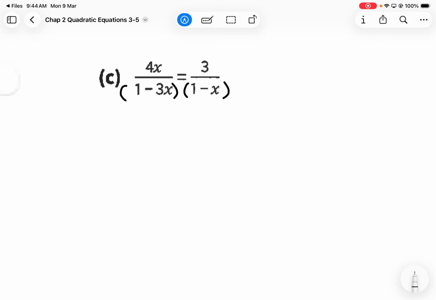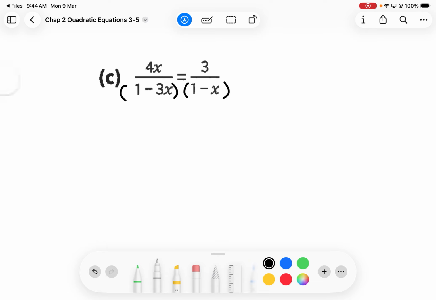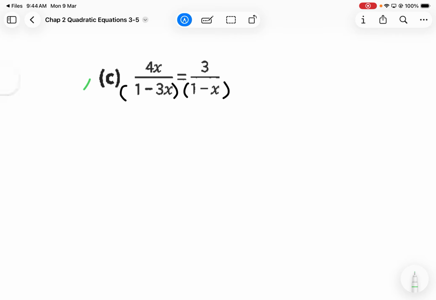Okay? Then I must next be thinking, I don't want these brackets in the denominator. So same idea. How do I remove the bracket? I want to multiply the bracket. On the left hand side, I want to multiply 1 minus 3x to cancel it away.